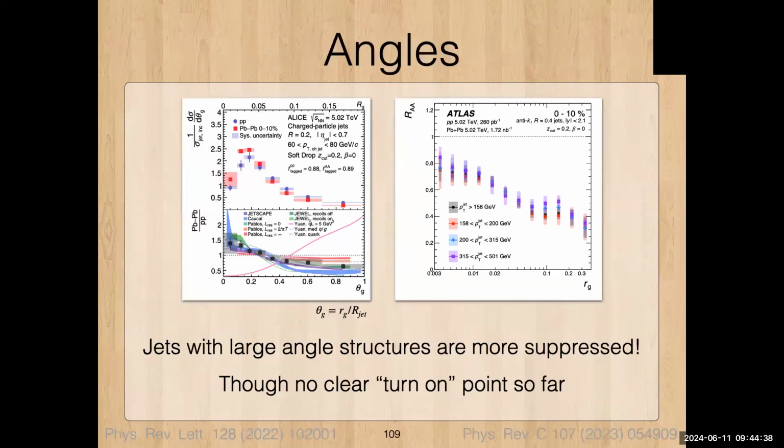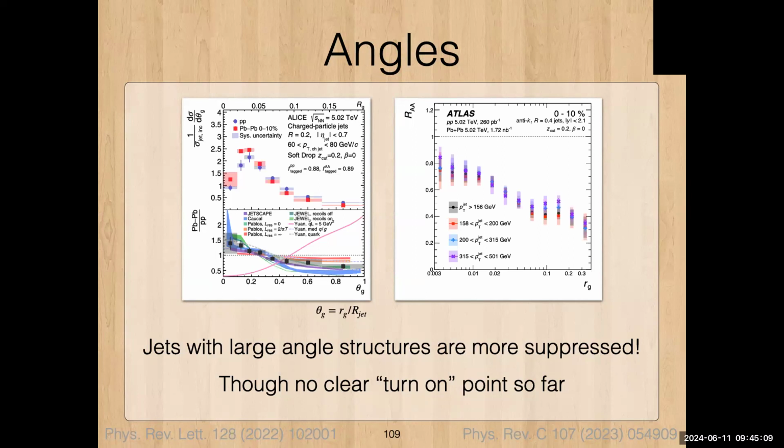People went and measured things. For example, R_G is the opening angle, and theta_G is the scaled opening angle. What we see is that for jets with large angle, we see less of them compared to jets with small angle after the quark plasma. This seems to support the idea that when things are far away, the quark plasma sees them as two things, so they lose more energy.